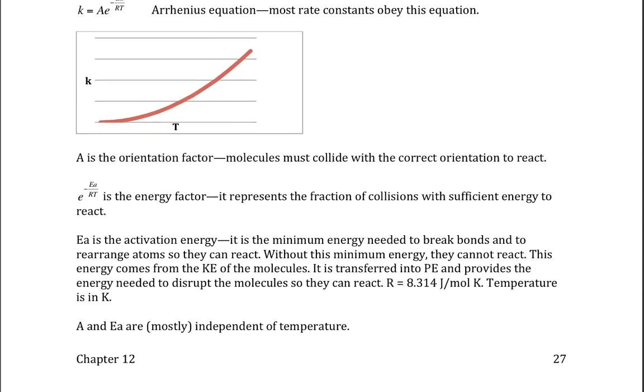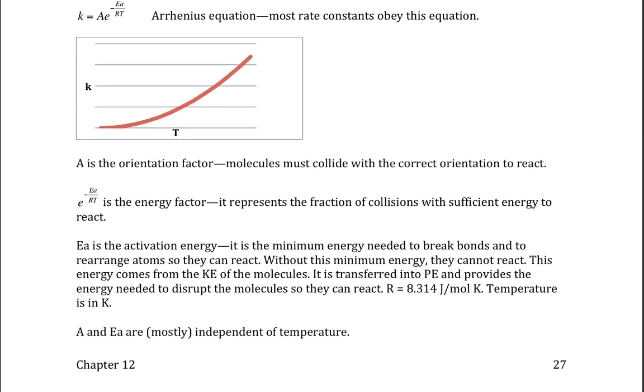Alrighty, so we have what A is in our Arrhenius equation, and we have what e to the minus EA over RT represents. A little bit more on the energy factor. EA is what's called the activation energy. It is the minimum energy needed to break bonds and to rearrange atoms so they can react.